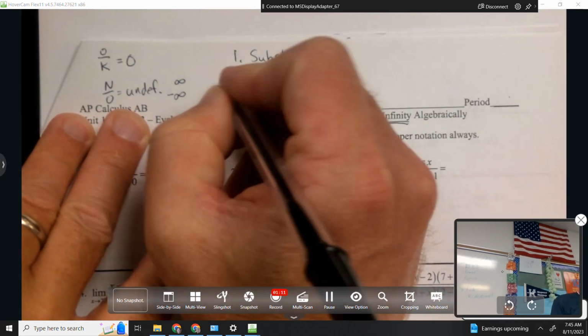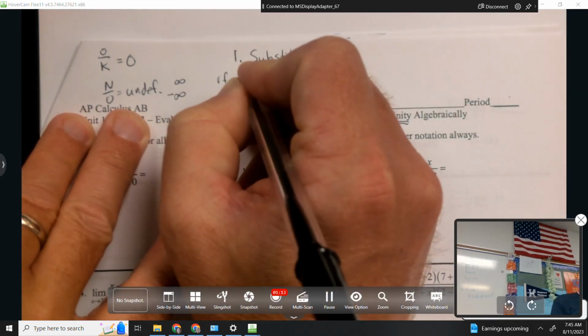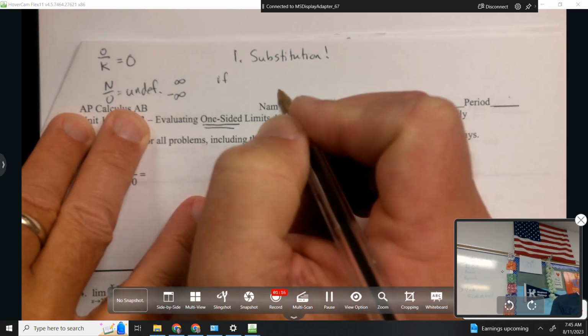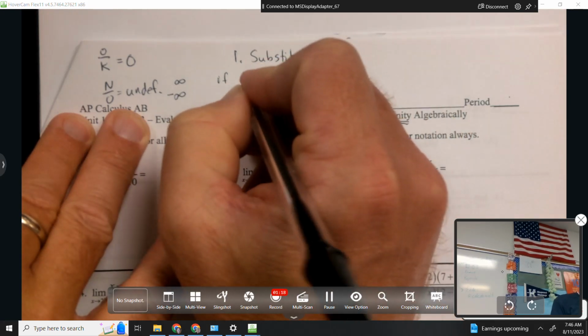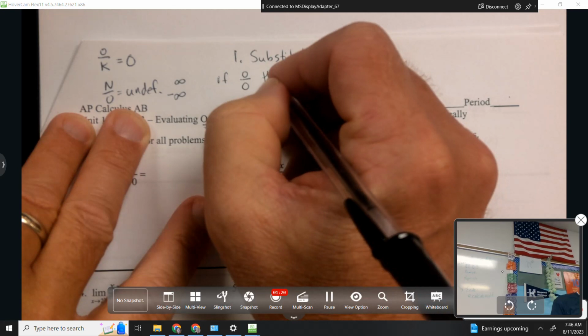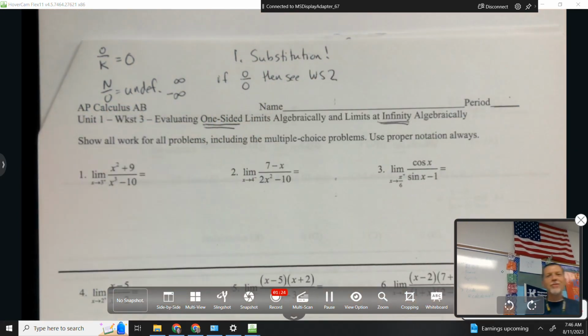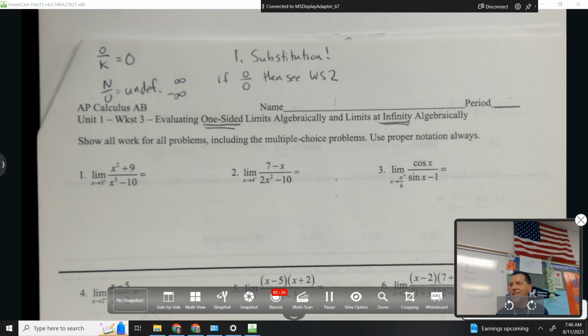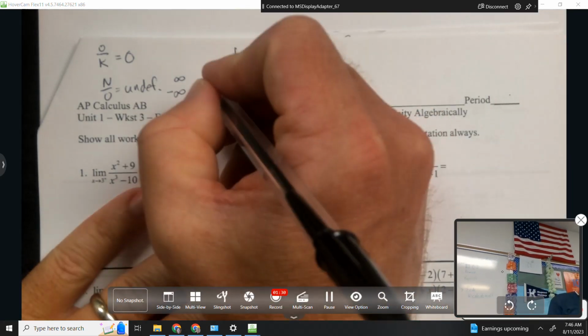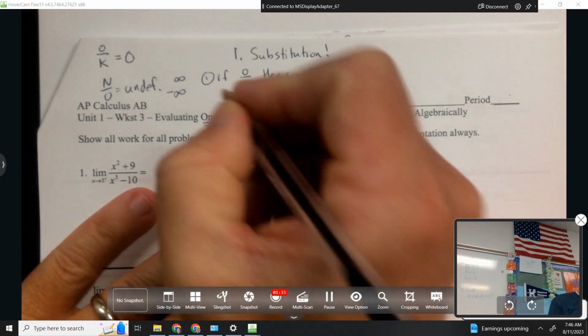Let's see how to phrase this. If you get, let's go in order. If you get 0 over 0, then see worksheet 2, right? Then we got to use one of the tricks from yesterday. That was yesterday's issue. That's statement 1.